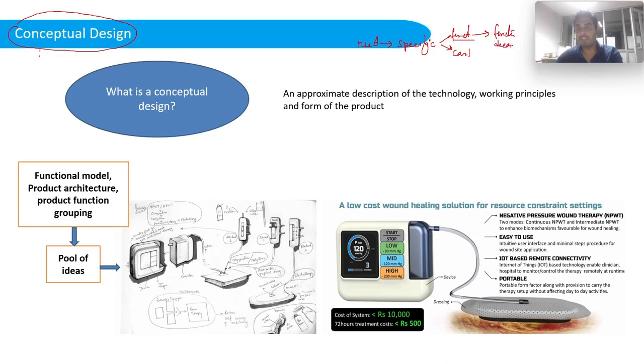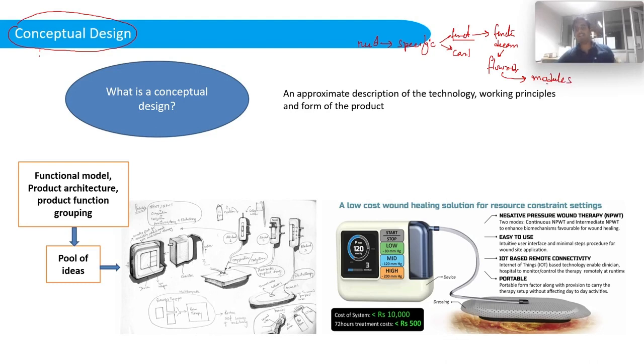Then from functional decomposition we come up with this functional flow model, and then we arrive at these various architectures, like how to break down and group together the functions. So at the end we come up with modules.